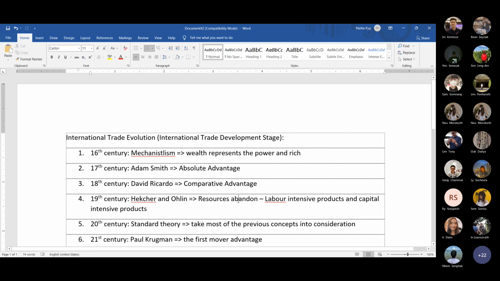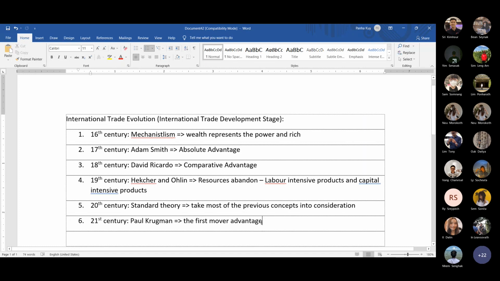After the 19th century theory was introduced, it comes to the standard model, as I remember correctly. The standard model tries to take everything into consideration, and most people believe in it.